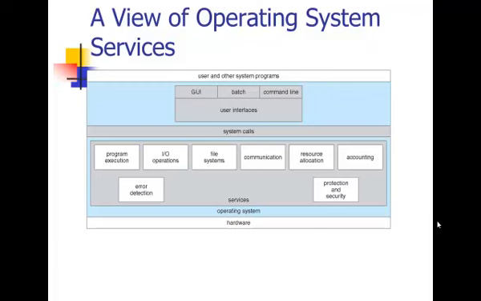So user interfaces are also a part of an operating system service. Then the user interfaces will communicate with the hardware through the available set of system calls. Any particular user application that wants to access hardware by using the available services in the operating system has to go through a system call.